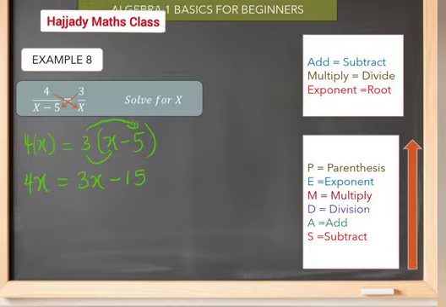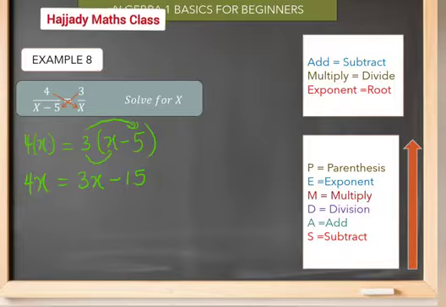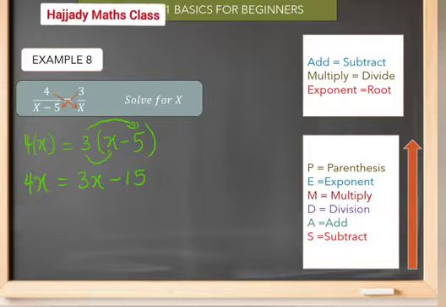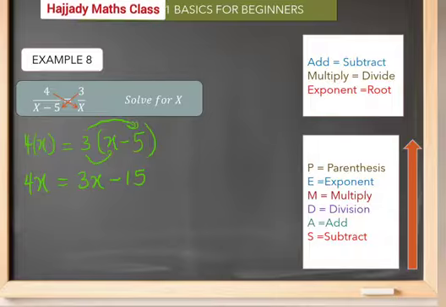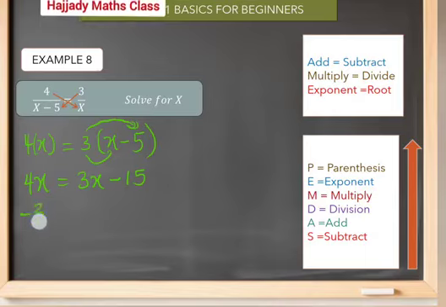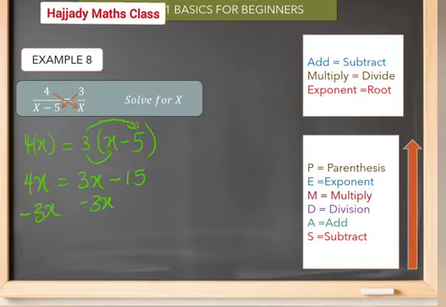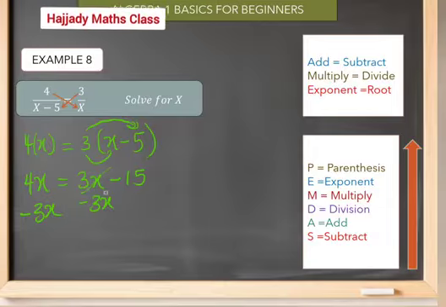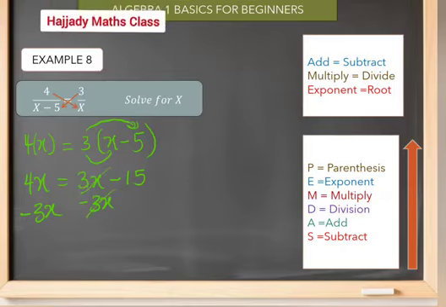Now to do this further, we need to make sure that we have the x on the left side. And to do that, we introduce negative 3x to both sides, so that we can eliminate x on the right side.